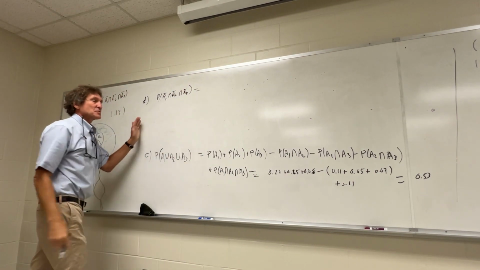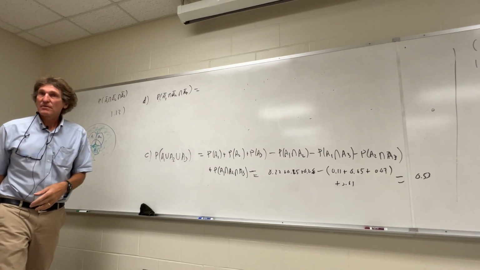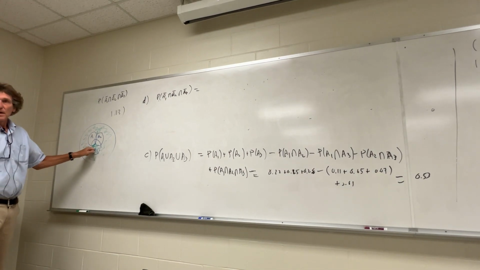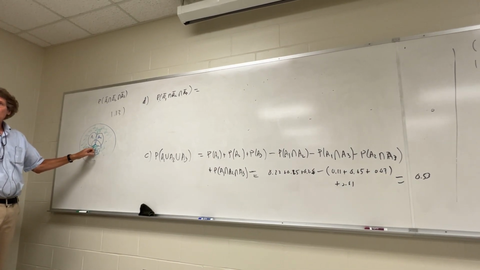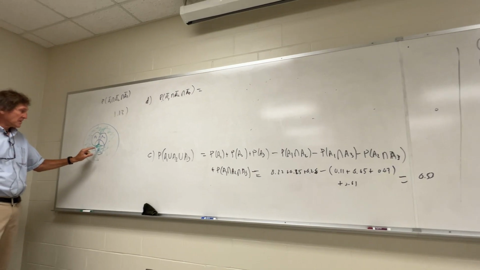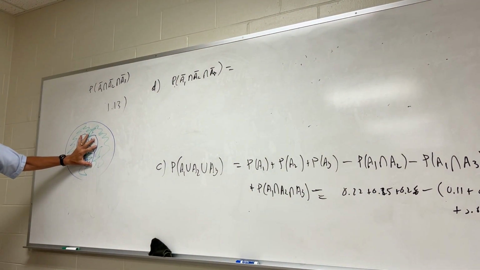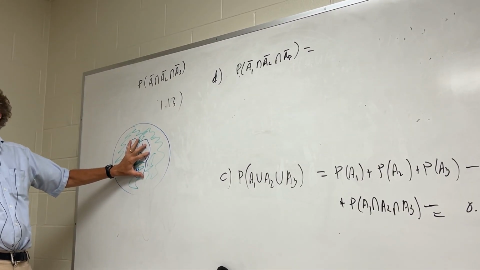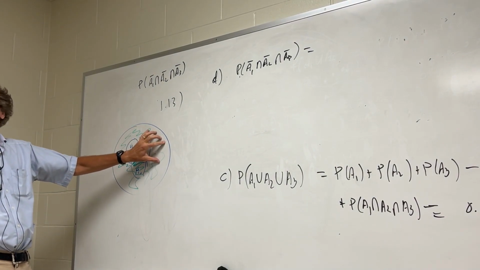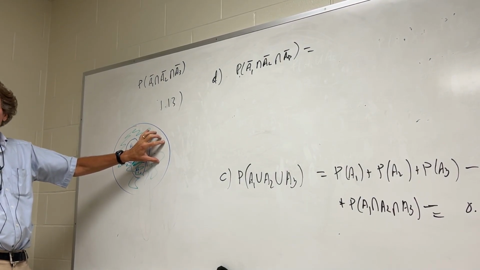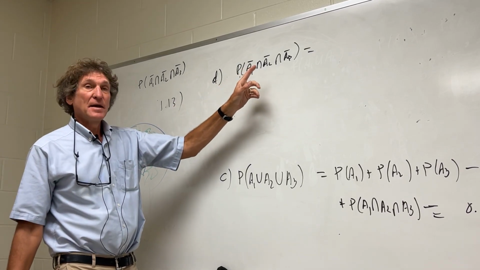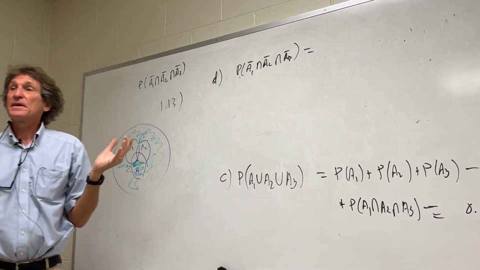All right, now for this one, I think you have an idea what's going to happen. It's this thing, right? We've got the probability of A1 union A2 union A3. It's that area, right? So 1 minus that would be the probability of it not occurring, correct, class? Here, when it has A1 naught intersect A2 naught, it's everything that isn't them.